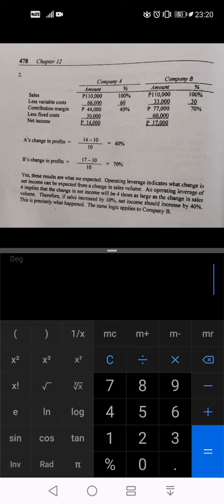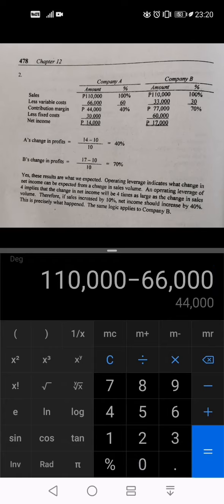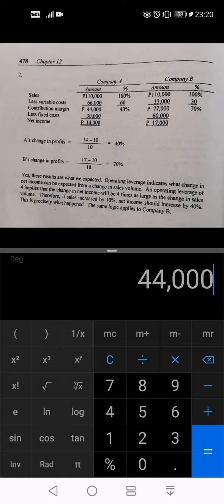To get the contribution margin, you subtract the variable cost from sales. Sales less variable cost gives a contribution margin of 44,000, which is 110,000 less 66,000. The percentages are 100%, 60%, and 40%.